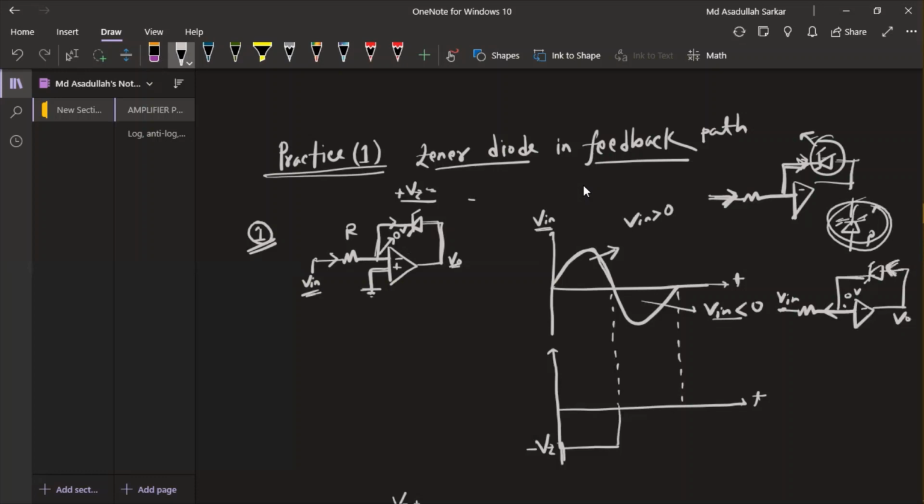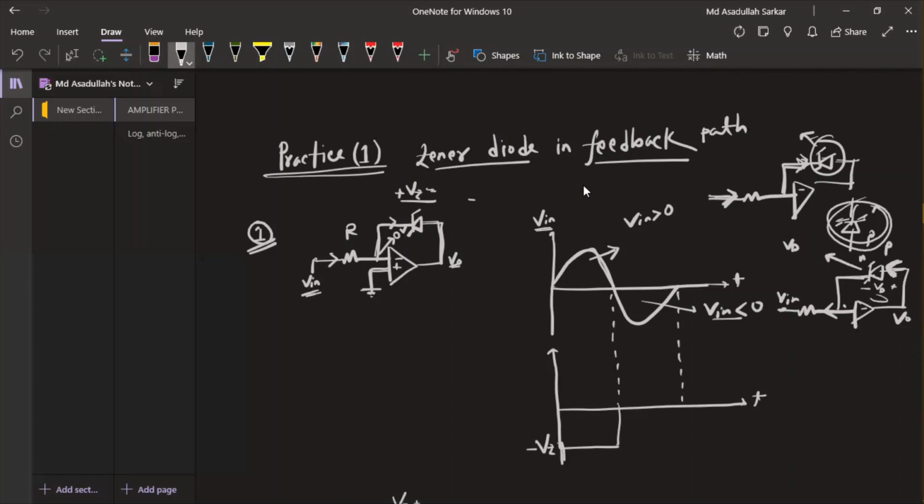If the current enters the P side of a diode and comes out of the other side, then this diode is operating in on mode. On mode means only Vd will appear here, with plus and minus polarity.